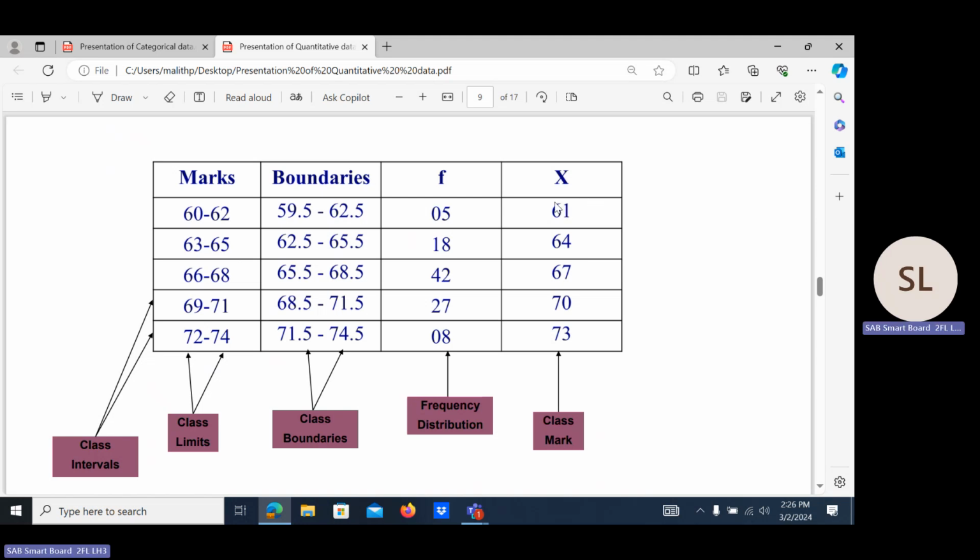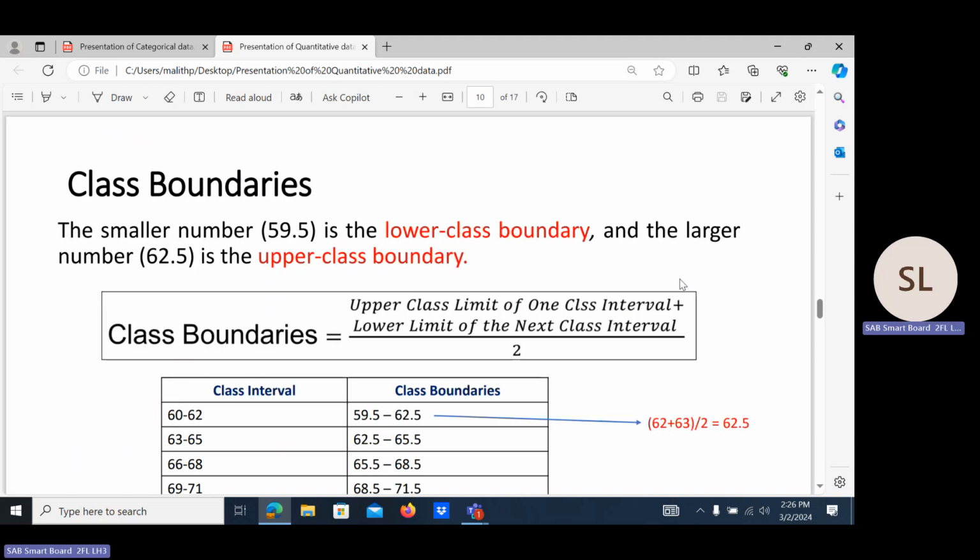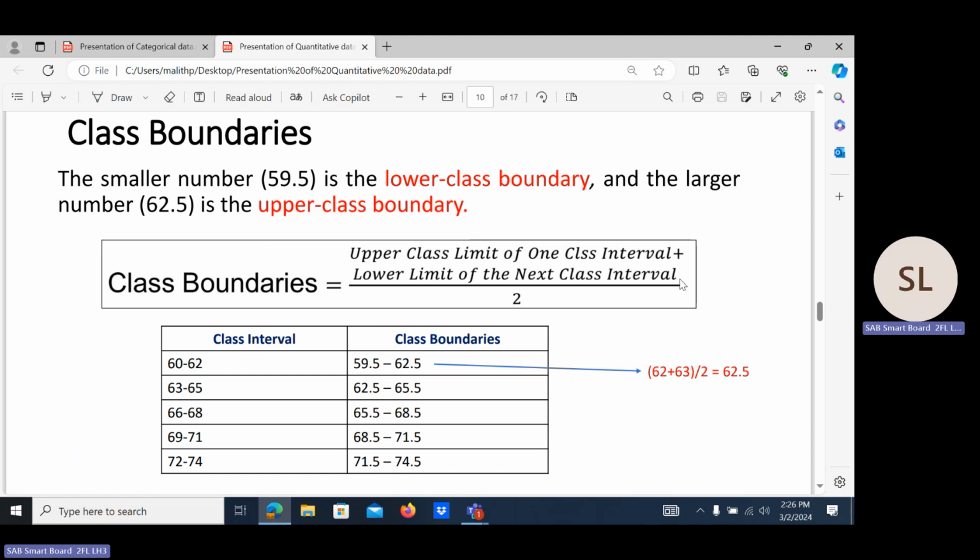Then we can consider 61 as the approximate value in the first class interval. Understood? Clear? Okay.